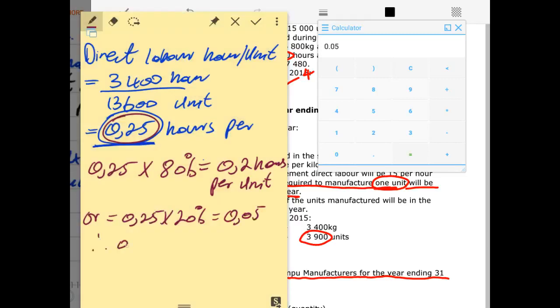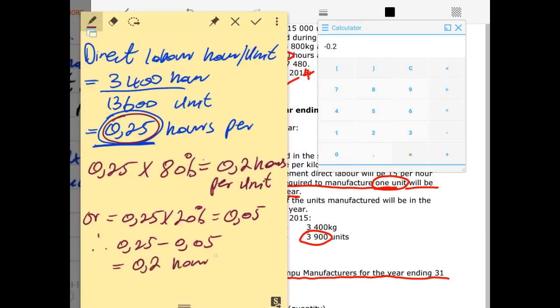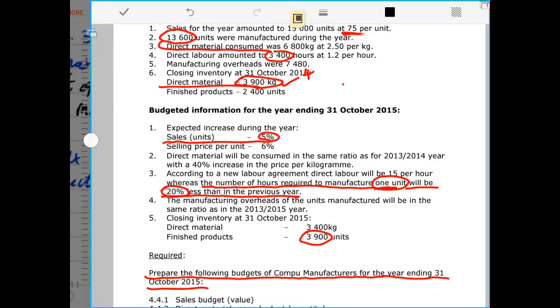Then you say 0.25 minus 0.05, and we still get to the same amount, 0.2 hours per unit. So now we know how many hours of direct labor it takes to complete one unit.